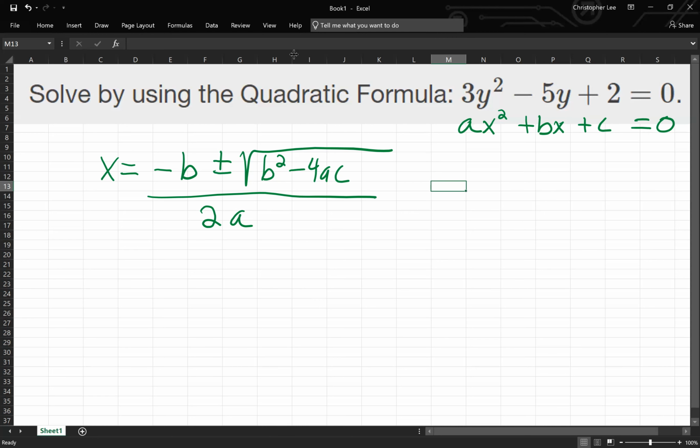How do you get it? I like the square root.